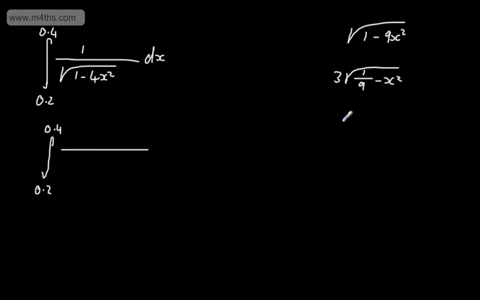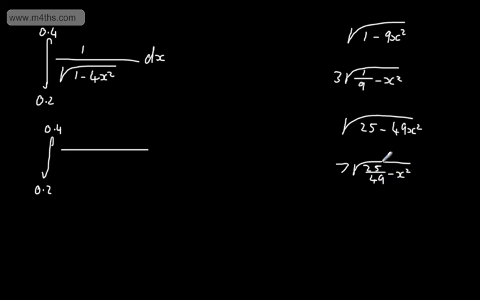Another example now, if we had the square root of, let's say we had 25 and then we had minus 49x squared. Taking out the 49, if we square rooted that, we would have 7, we would have the 25 over 49 minus the x squared.